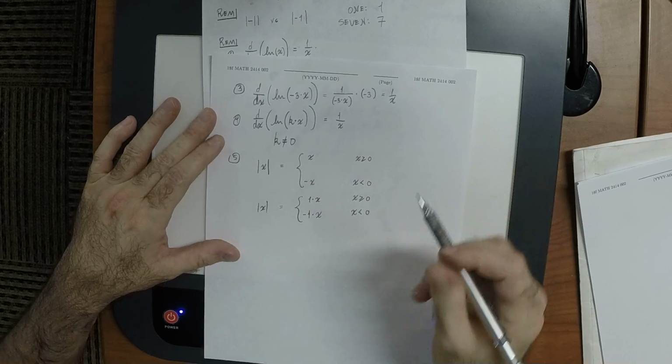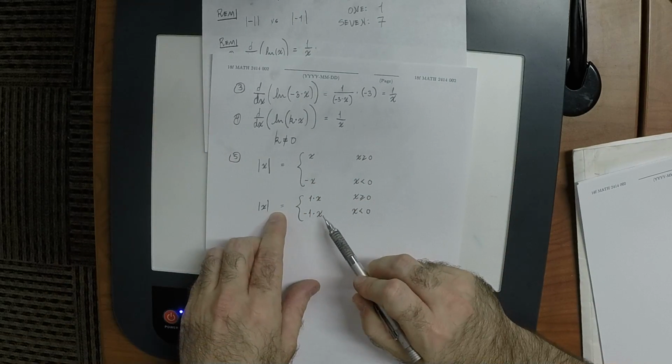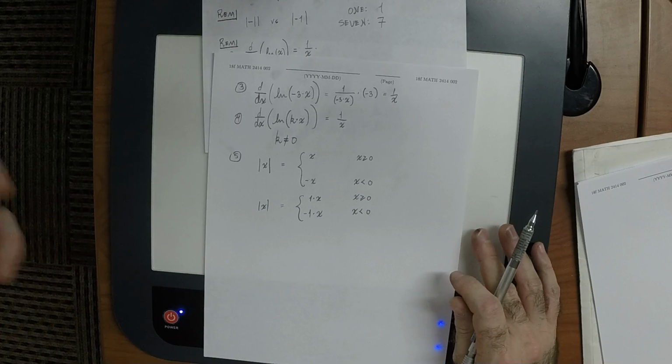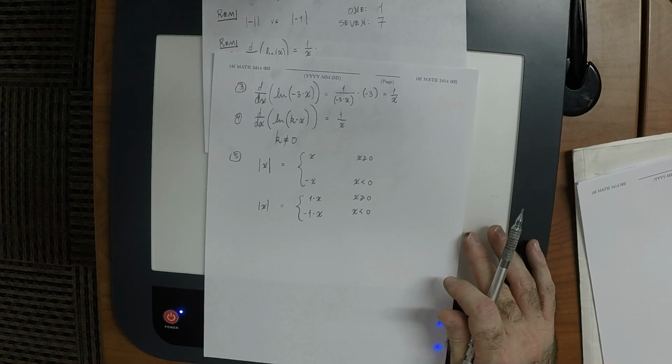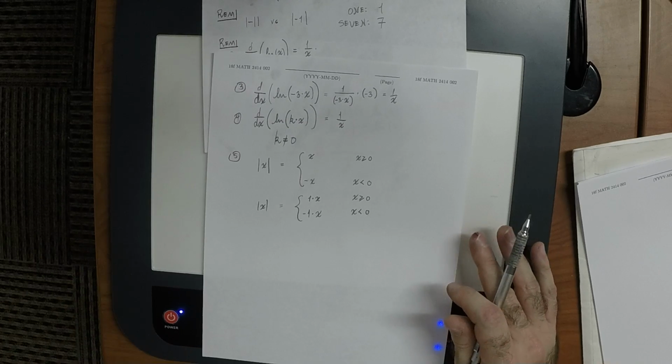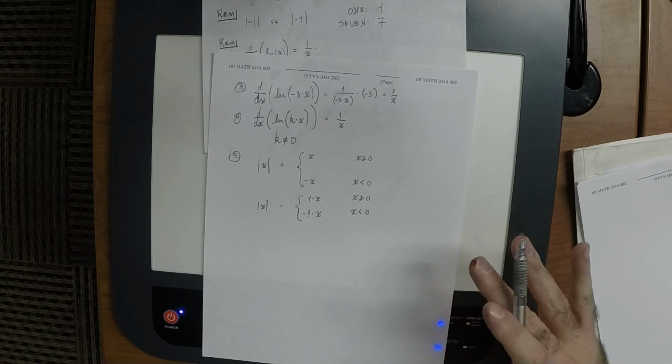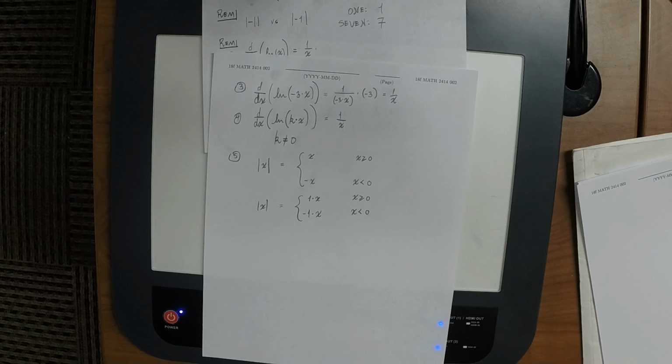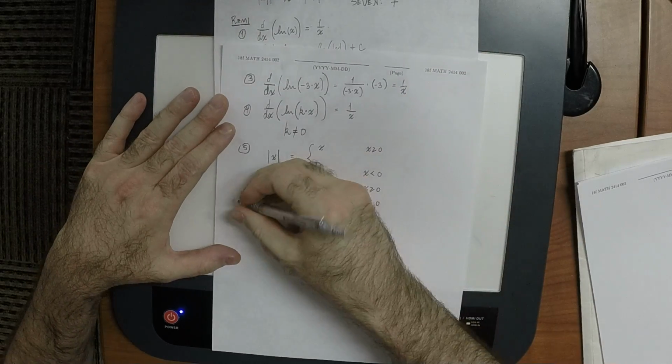So do you observe that the way that the output of absolute value is made is it's always multiplying the input by some constant? It's either multiplying by 1 or multiplying by negative 1. Okay?